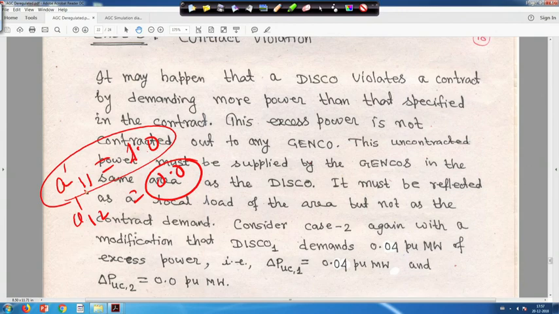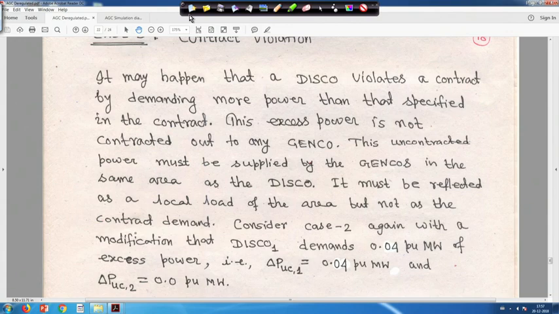So, this is the idea: suppose DISCO 1 demands 0.04 per unit megawatt of excess power, that is delta PUC1, the uncontracted power in area 1 is 0.04, and delta PUC2 is 0.0 per unit megawatt, because in area 2 no DISCOs demand any excess power.